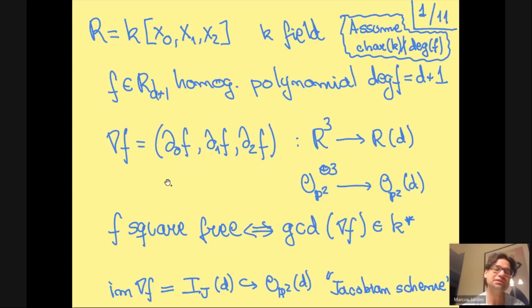So you can take, for instance, minus partial of f with respect to 1 on the first entry, and then partial of f with respect to 0, del 0 f, in the second entry of the vector, and 0. That would be a syzygy of degree D. So these are the Koszul derivations.